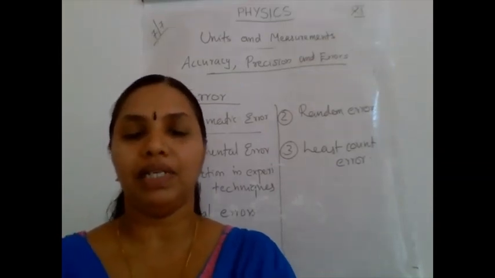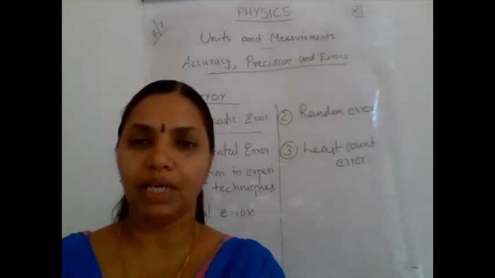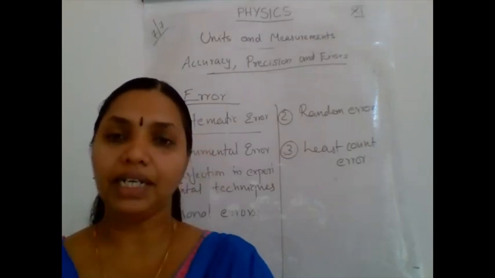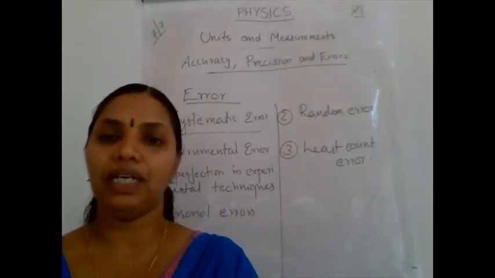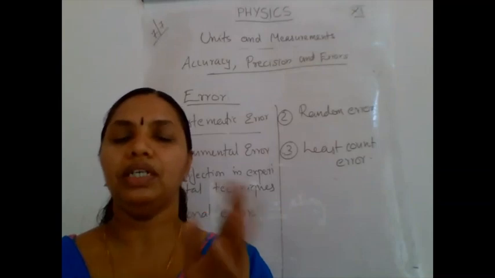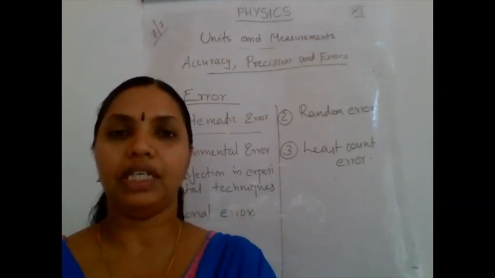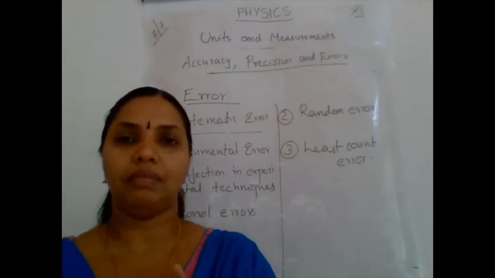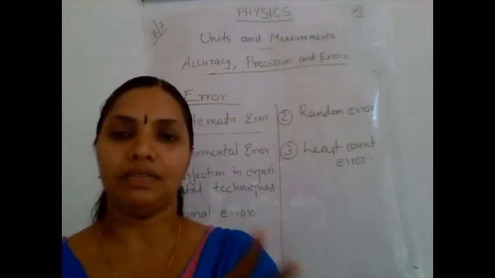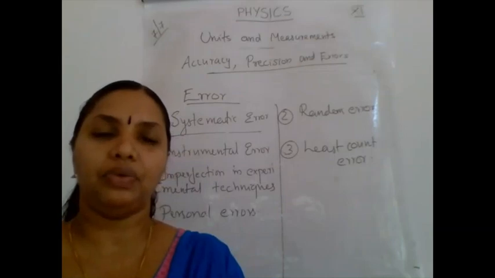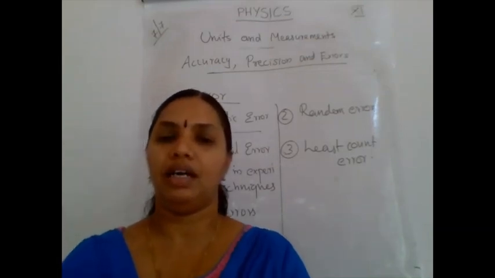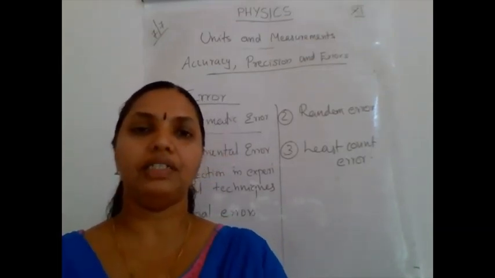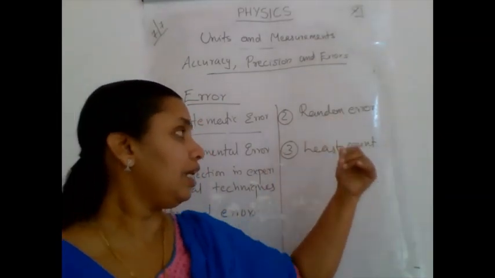We take many readings and go for the mean, and that mean should be equal to the true value of the physical quantity we are measuring. So that is about error and its first classification: accuracy, precision, and classification of errors, that is the systematic error, random error, and least count error.